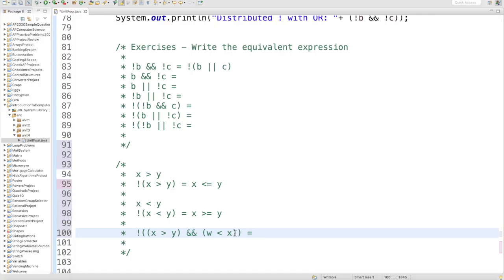So it'll be X is less than or equal to Y, or, pay attention here, not and is or, W is greater than or equal to X, and these two right here now are equivalent, because I've completely distributed the not.